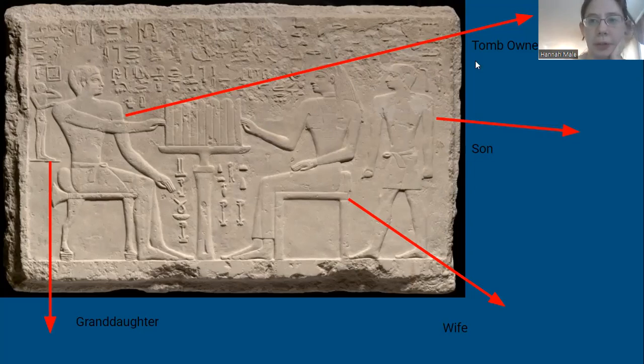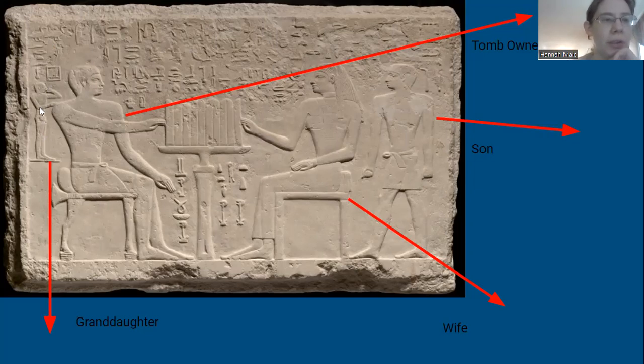And so then you have the couple's son here, giving honor to his parents and maybe bringing them offerings as well. And then you have their granddaughter here. So this gives you some idea of their family structure. So you have her name here.